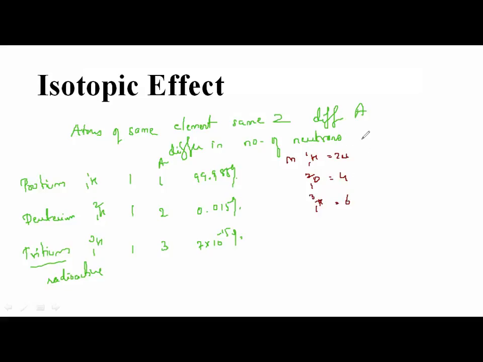Melting point, if you take the hydrogen molecule, deuterium molecule, tritium molecule: melting point of hydrogen molecule is 13.8 Kelvin, deuterium is 18.7, tritium is 20.63. Similarly, boiling point is 20.4, deuterium is 23.9 and tritium is 25.0.